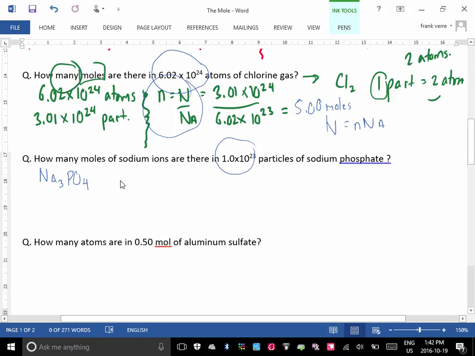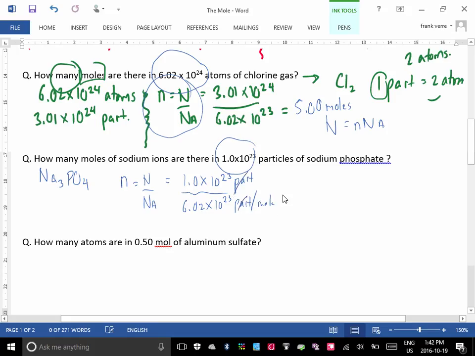So we're looking for little n again, right? So little n is big N over big N subscript A. We're told we have 1.0 times 10 to the 23 particles, and that's over the constant, which is 6.02 times 10 to the 23 particles per mole.